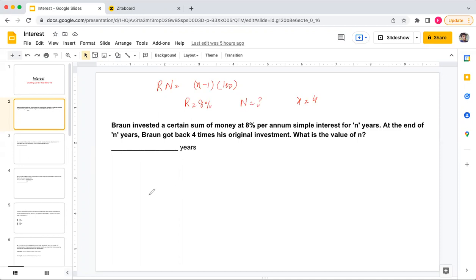So 8 into n is equal to (4 minus 1) into 100, and n is equal to 300 divided by 8, which is 37.5 years. So this is just the formula which we discussed.